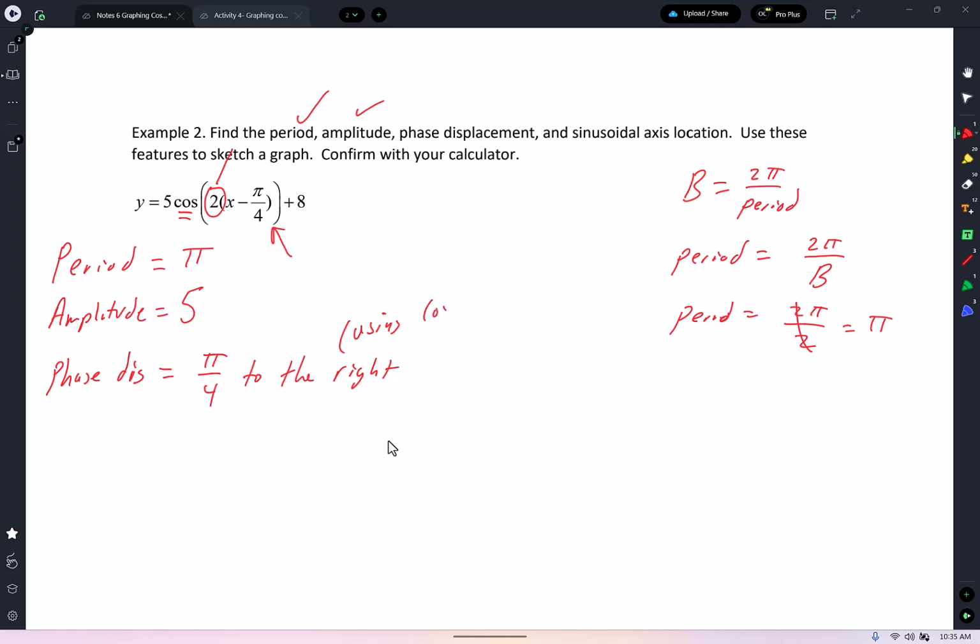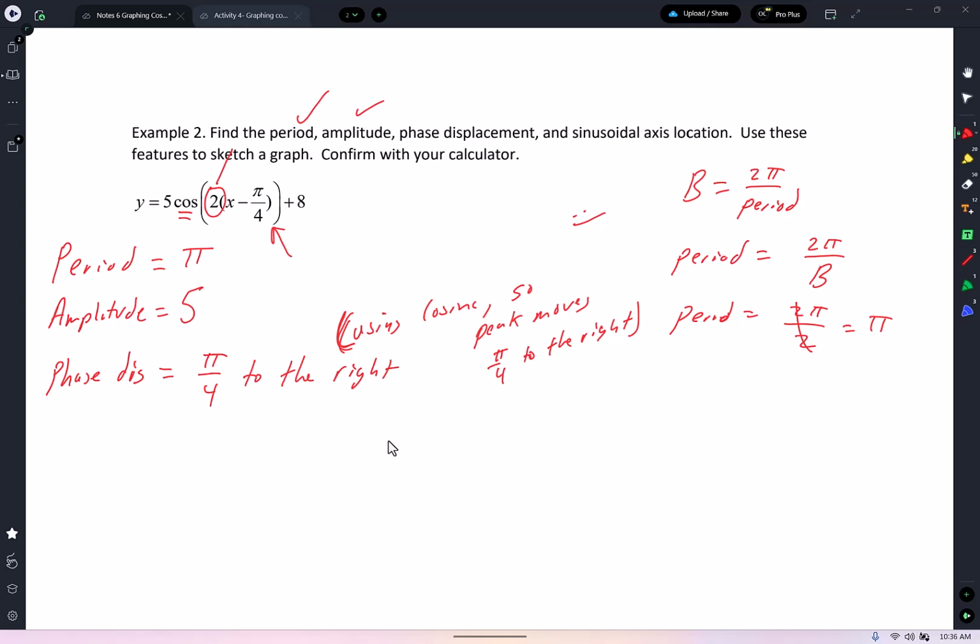So peak moves pi over 4 to the right. That's for comments. I'm trying to make good notes here. That's a parenthesis. It doesn't say cussing, in case it looks like a C. Are we okay?